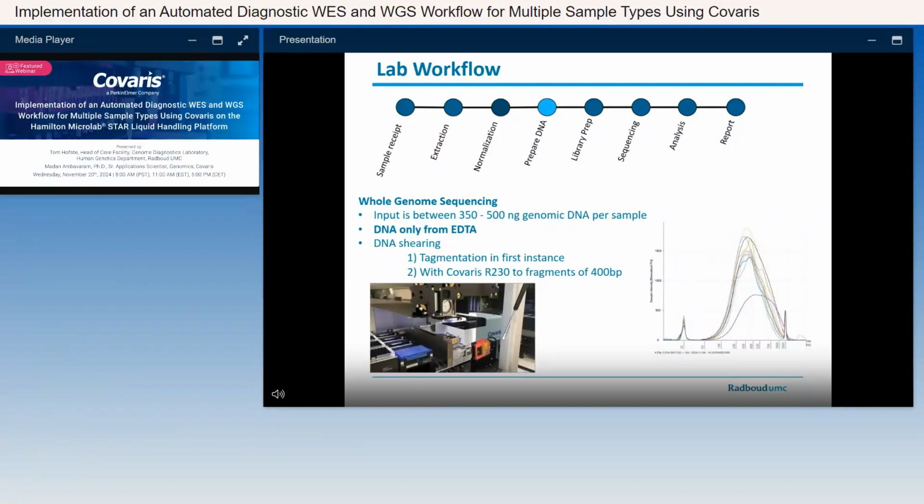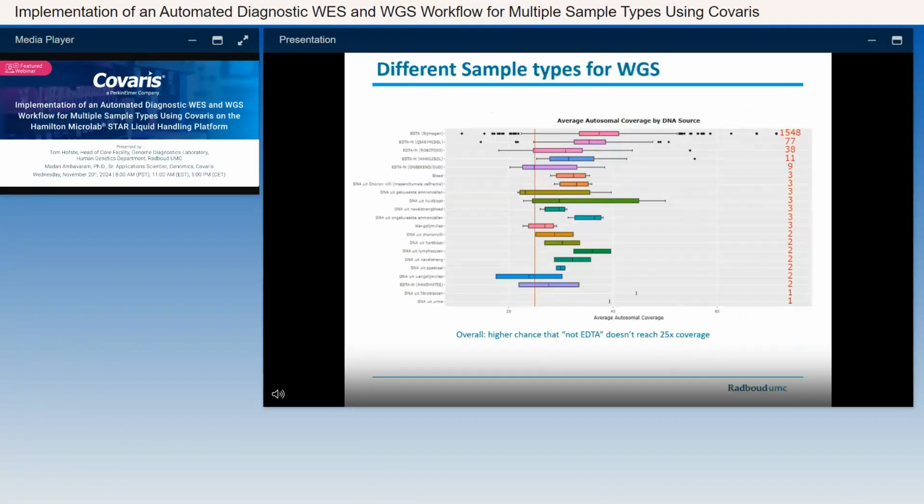And why do we use only DNA from EDTA at the moment? Because we did a study, and this study was done at the moment only with the segmentation kit. You see here graphs from different materials. The uppermost part is our main workflow, the EDTA workflow, where we had more than 1,500 samples in this study, and the other ones are all different sample materials.